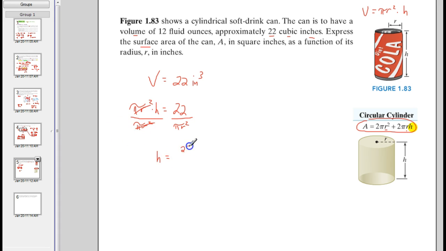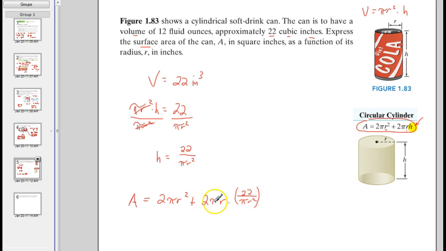So h equals 22 over pi r squared. And then I'm going to substitute this h right here in the area formula. Two pi r times, there's the h. I'm going to replace it with 22 over pi r squared.